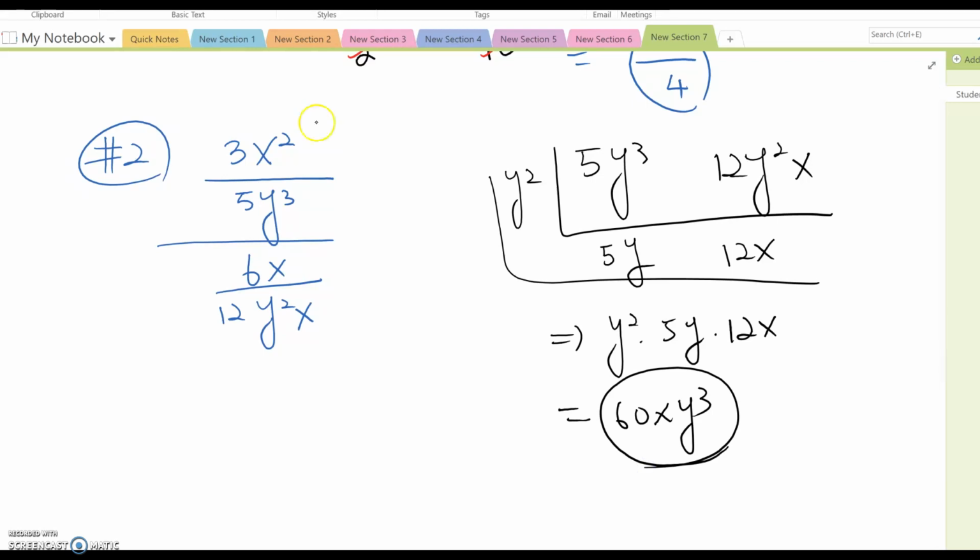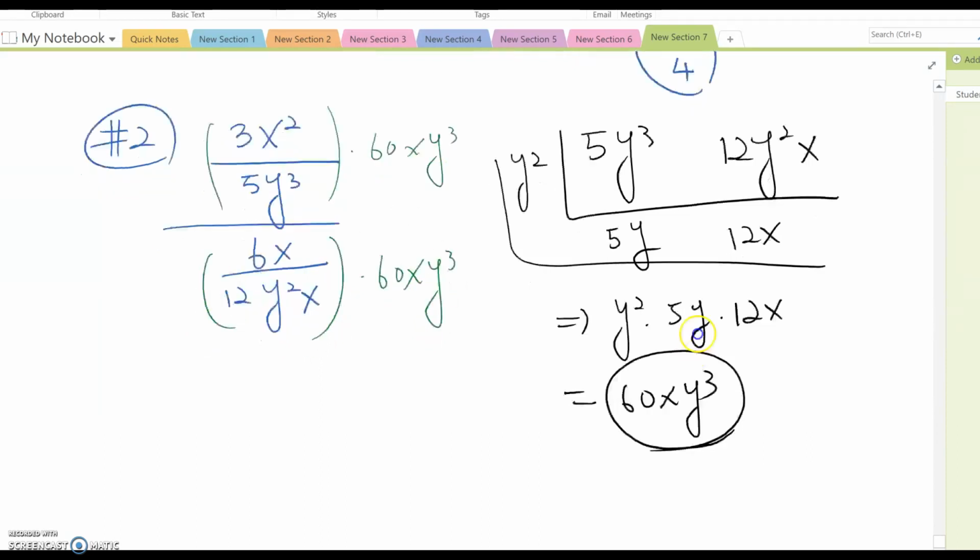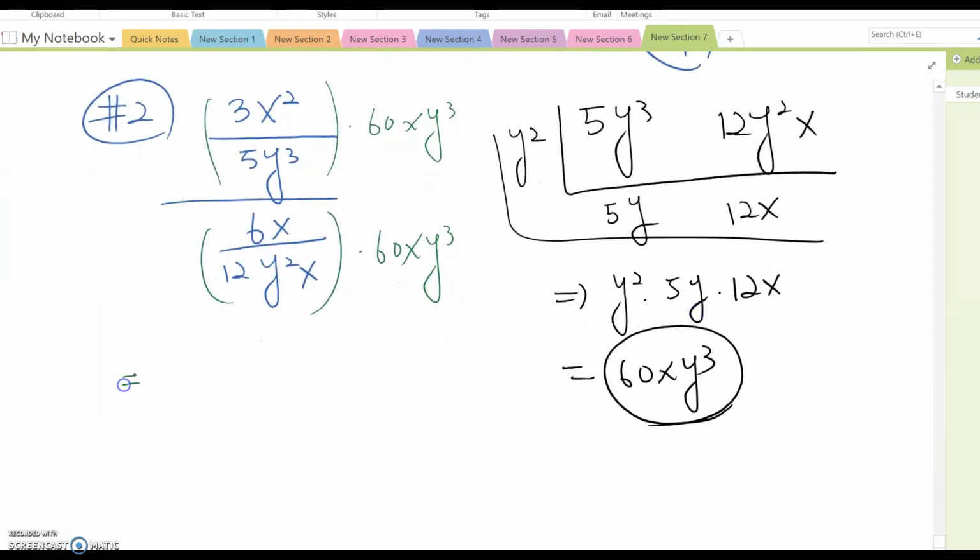Now you multiply this LCD to both the numerator fraction and the denominator fraction. Then this is going to be, so 5 and 60 become 12, and y cubed cancels out, so the numerator becomes 3x cubed.